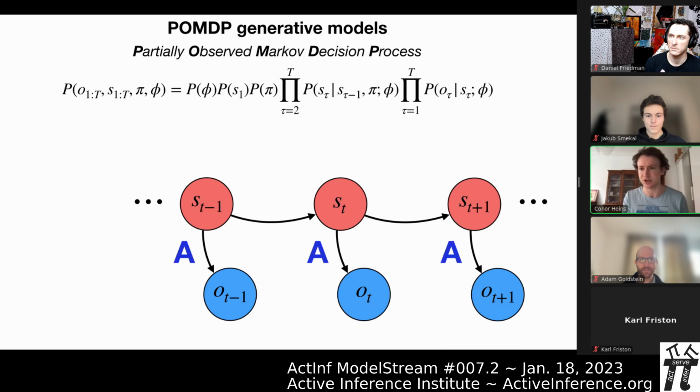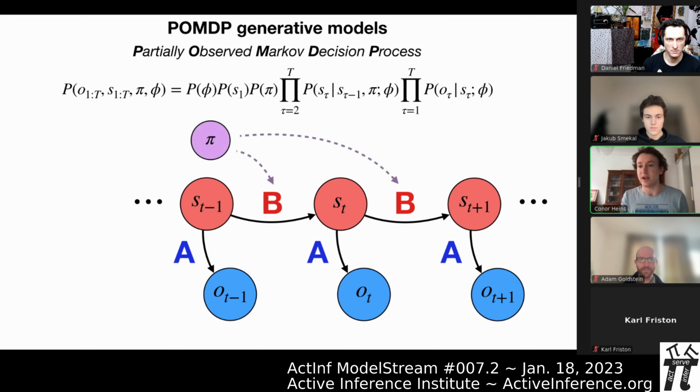And just again, to show the graphical model, we have the A array relating hidden states in red to observations in blue. We have the B matrix, or B array, that relates hidden states to themselves over time. So how does the world change? And then we have policies, pi, which are sequences or collections of actions that affect transitions and thereby change the state of the world.